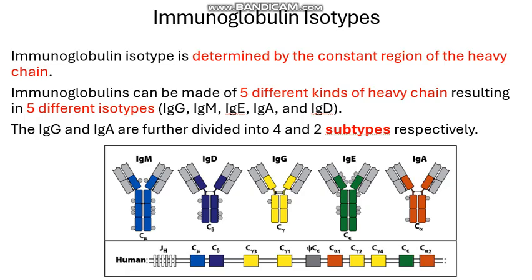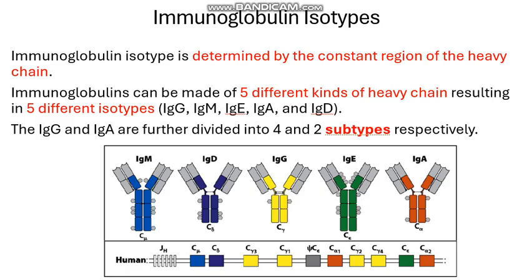Each one of these colored blocks is going to produce a different type of isotype, so there are 5 different isotypes, like we talked about. You might wonder why there are 4 yellow blocks and 2 orange blocks.